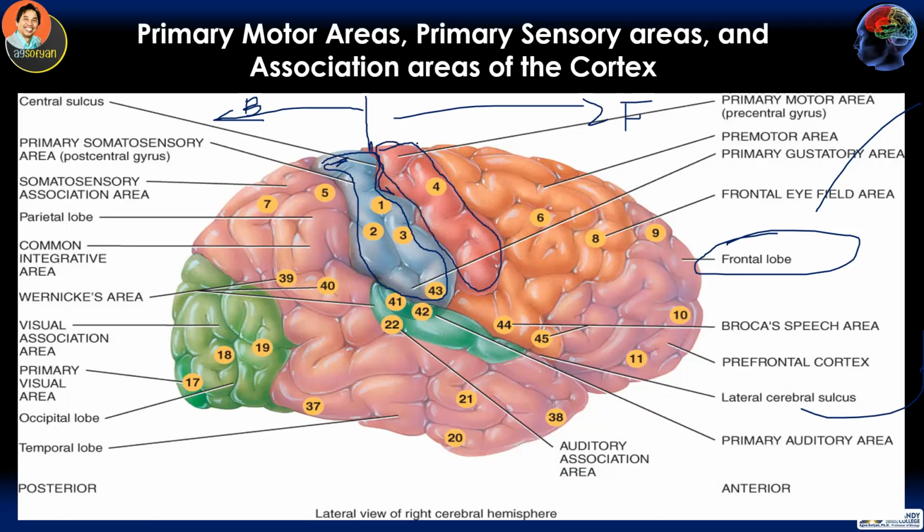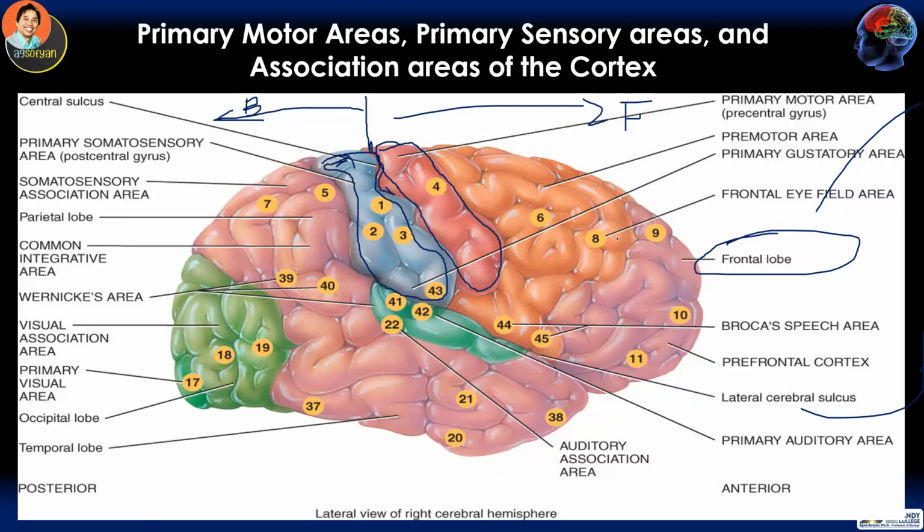This is the pre-central gyrus. This is the one that controls all skeletal muscle movement in our body. And 1, 2, 3 over here is the post-central gyrus. This is the one that controls sensation coming to our skin, the whole body.